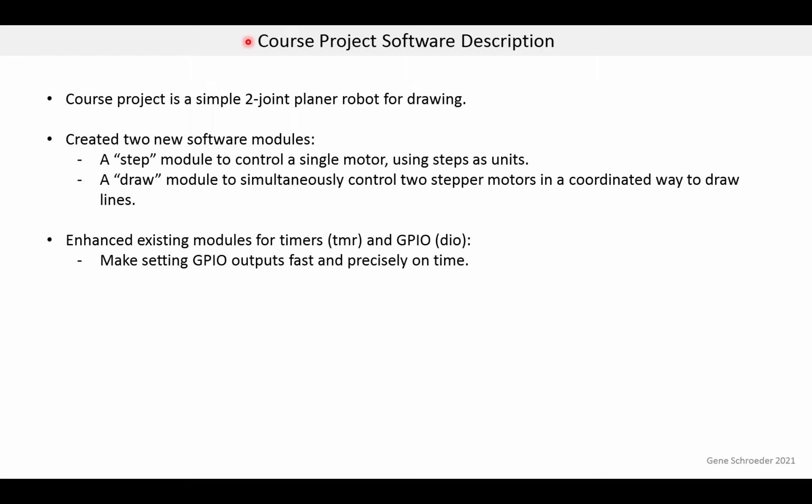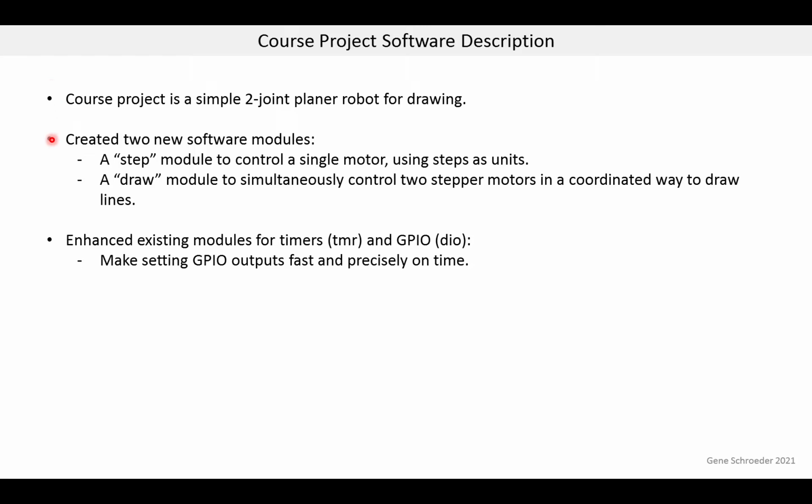Before I get into the real lessons, I wanted to talk about the overall demo design to give you a big picture of where we're headed. As I've mentioned, the course project is a simple 2-joint planar robot for drawing. Now, my overall software architecture from my base course on embedded is a super loop and software modules.